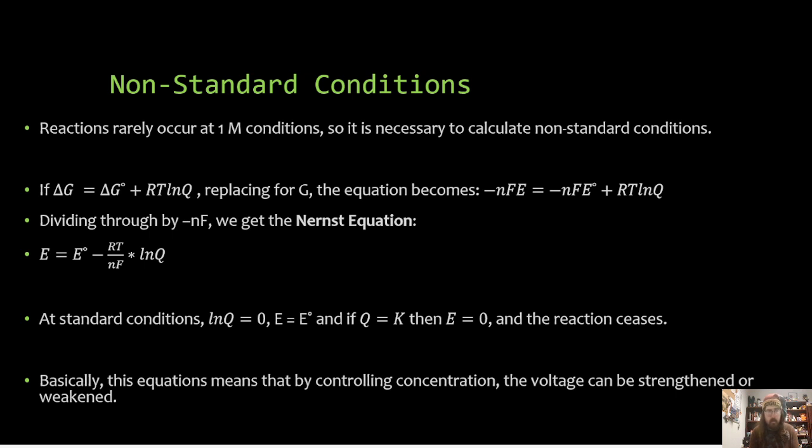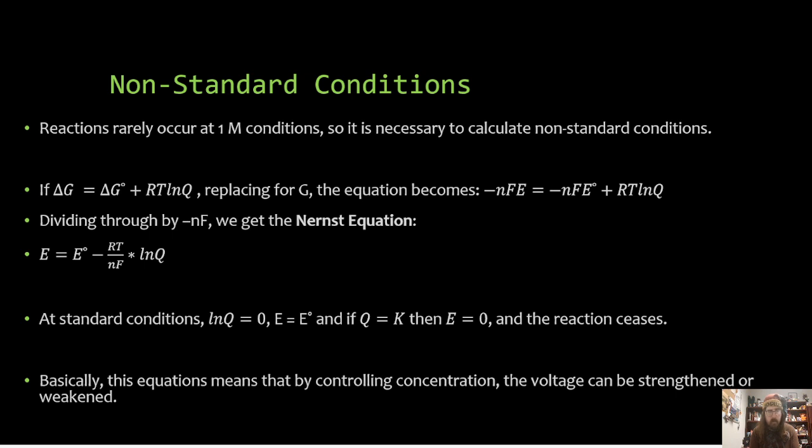You'll notice, of course, as temperature increases, batteries aren't going to work as well. But largely speaking, remember at standard conditions, Q is 1 and ln Q must equal 0.